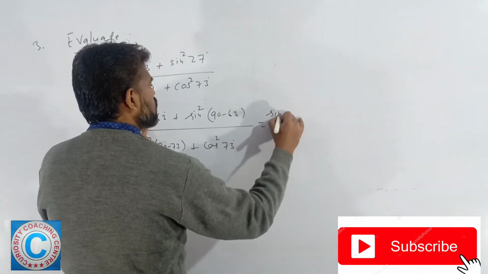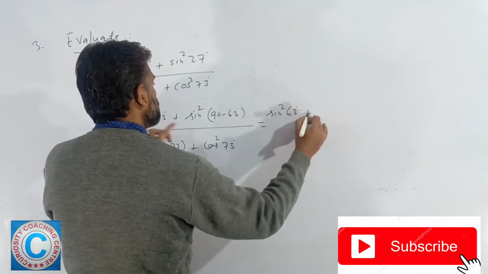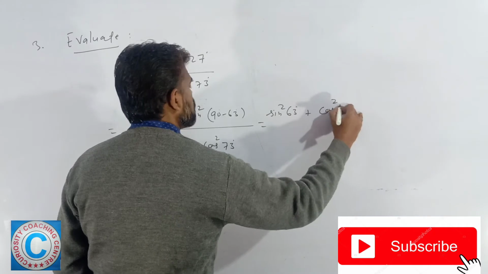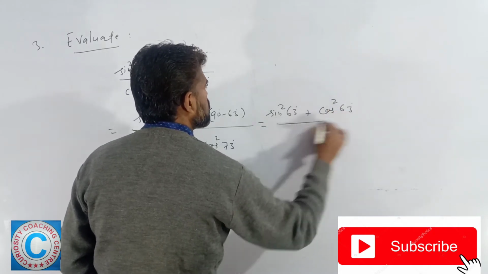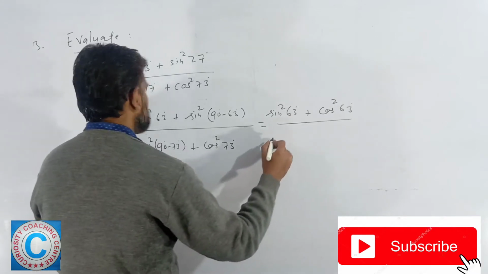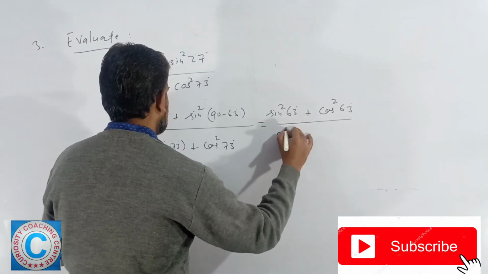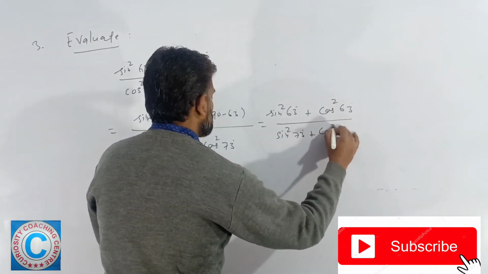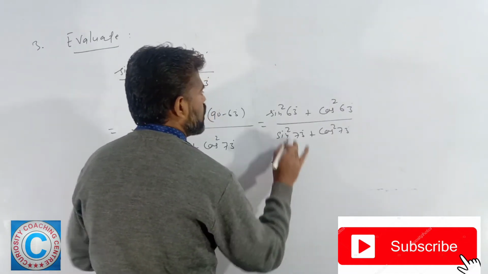Sin square 63 degree, sin square 90 minus theta is cos square theta, so here cos square 63 degree. Here cos square 90 minus theta equals sin square theta, and this is cos square 73.